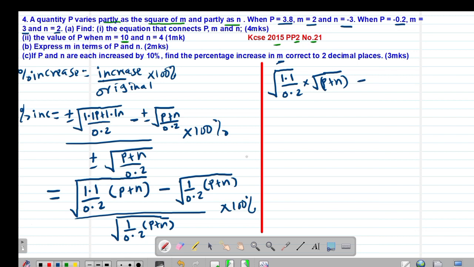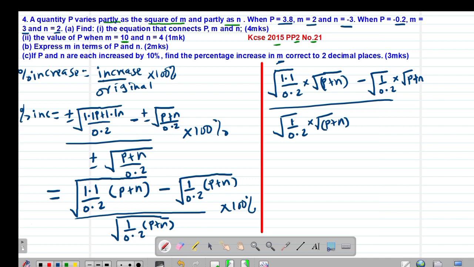Then minus, this one is also the same as saying the root of 1 over 0.2 multiplied with the root of p plus n. Then the whole thing divided by, I'll also separate these, the root of 1 over 0.2 multiplied by the root of p plus n, of course under the bracket so that the square root will affect everything. Then of course I'm going to multiply with 100%. Now you can see that the root of p plus n is constant, so I can take it out.